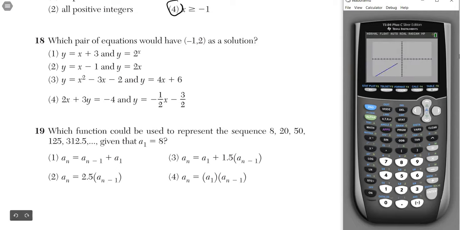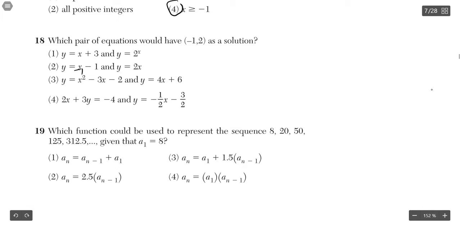Or we could plug in the points, x is negative 1, y is 2, and see if the equation comes out true. If x is negative 1 here, negative 1 minus 1, that would be negative 2, not 2. So the point negative 1 comma 2 doesn't fit here, because when x is negative 1, y does not come out to 2. And over here also, when x is negative 1, y does not come out to 2. It comes out to negative 2. So I can already tell that choice 2 is not going to be correct.